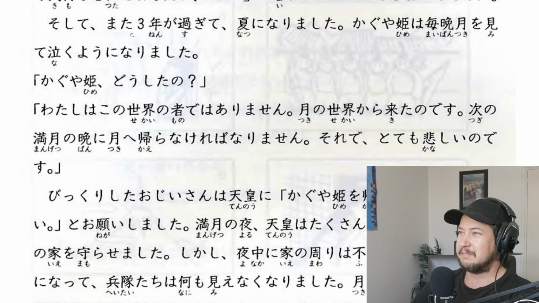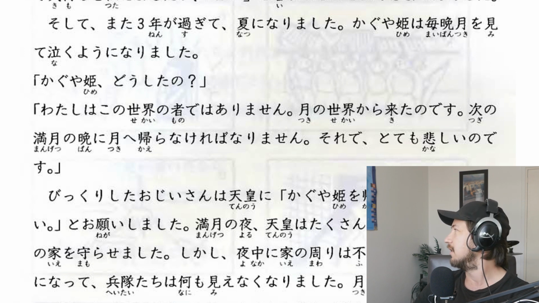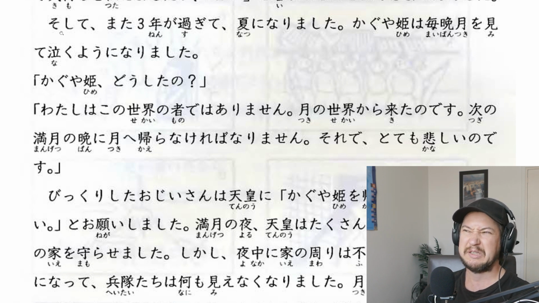そしてまた3年が過ぎて夏になりました。And so, well, it means, what's the best way to say, it's like following, something like that.